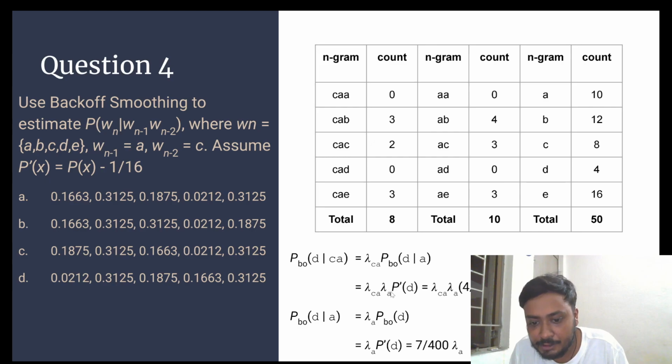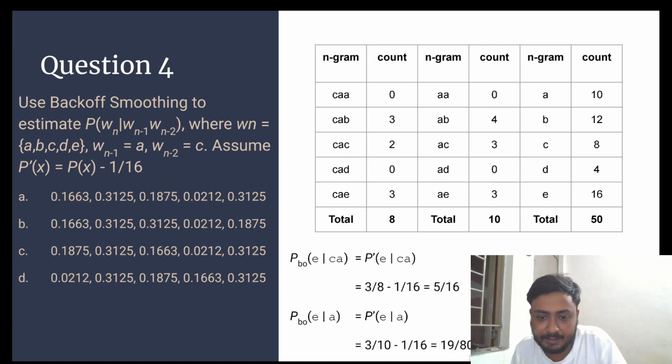Okay. So here we get this value 7 by 400 lambda CA lambda A, and this one is 7 by 400 lambda A. And finally we also do the same thing for E. So now we have got 10 different values with the lambdas and everything. So 5 values for the trigram estimates and 5 values for the bigram estimates.